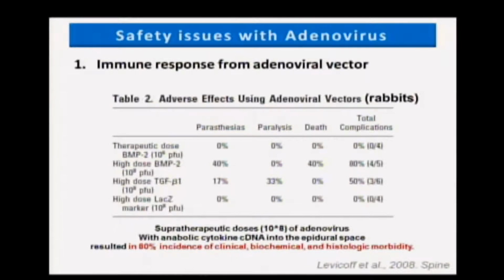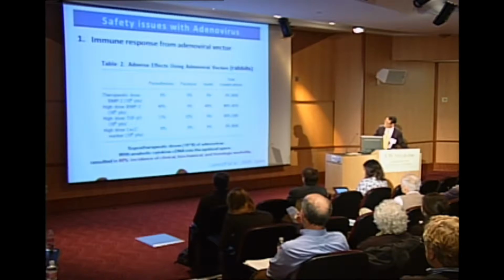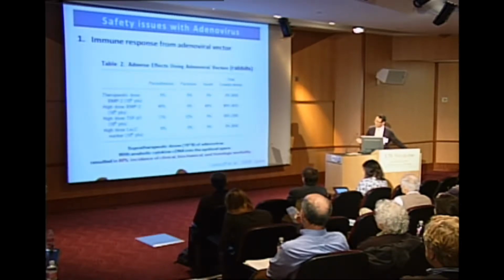Now, we injected some TGF-beta also, and that causes paralysis in some of our rabbits because the meninges took up the virus, and the dura got so thick it paralyzed the rabbits. And in some of our rabbits with BMP, some started developing severe paresthesias. When animals get paresthesias, the numbness in their paws, they think it's not their body, so they chew their paws off.